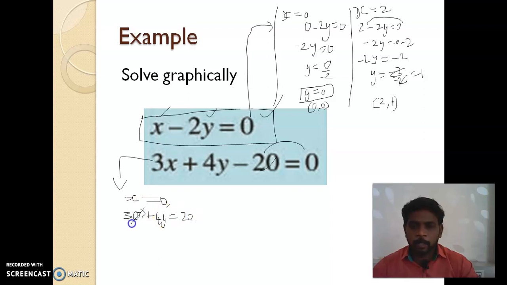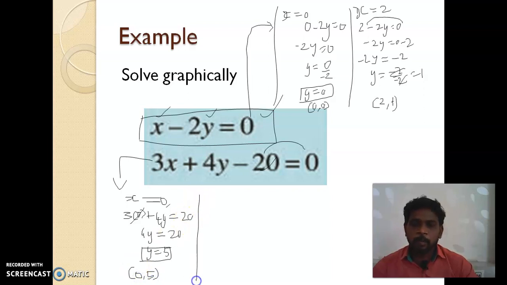So 3 into 0 is 0, and 4y equal to 20. Therefore y equal to 20 by 4, which is 5, since 5 fours are 20. So the respective point of this second equation is (0, 5).